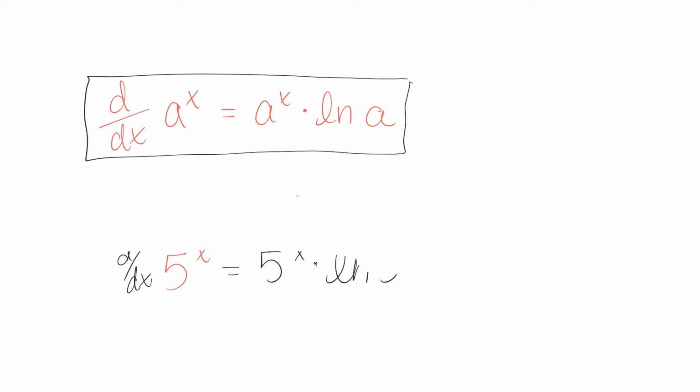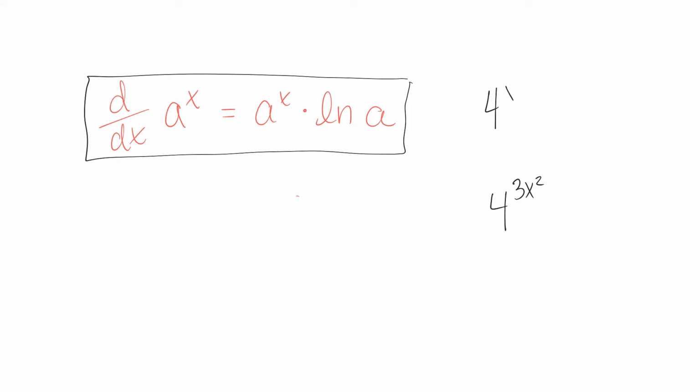Now, of course, it gets slightly more complex. That exponent was nice and simple, but a lot of times we'll get something that looks a little crazier, like 4 to the 3x squared. Remember we were just looking at 4 to the x. In this case, what's happening in the exponent is a full-blown function that has a derivative.